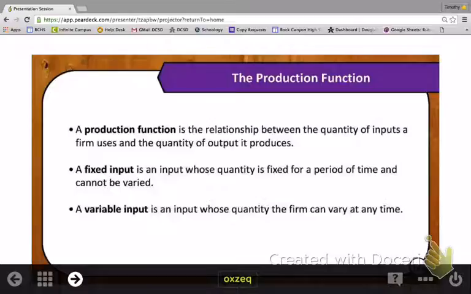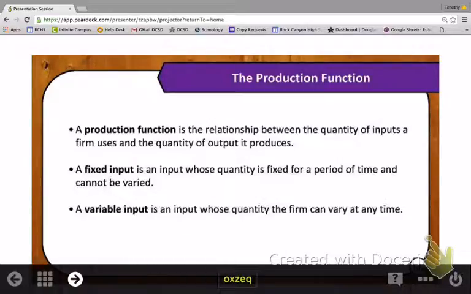And we'll define it this way, as I said before. A production function is the relationship between the quantity of inputs a firm uses and the quantity of output it produces. So we have two different types of inputs that firms are concerned with. There are inputs that are called fixed inputs. And a fixed input would be an input such as land, labor, and capital that cannot be increased in the near term to increase production.